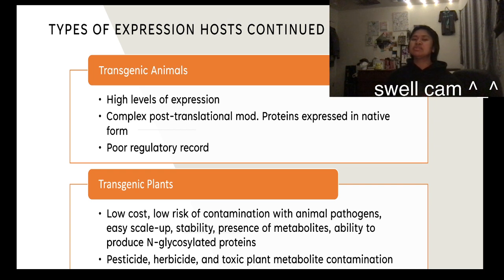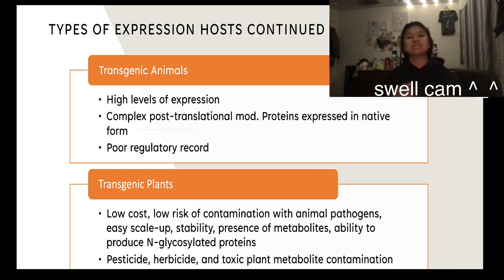Two other expression host systems that are recognized are transgenic animals, which is a more novel approach to expressing proteins. They have high levels of expression of their protein of interest and have complex post translational modifications, and the proteins are actually expressed in their native forms.